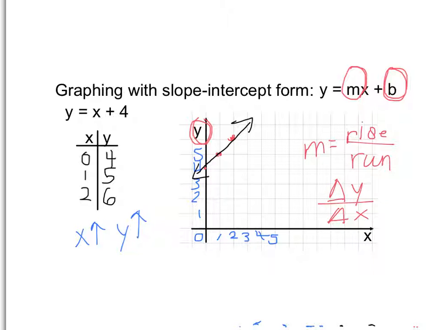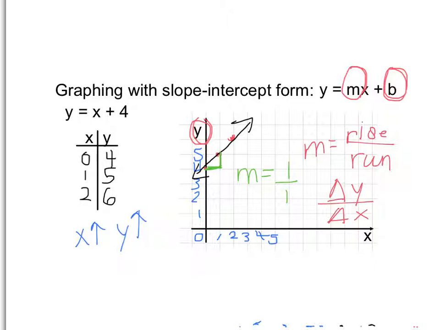So if I'm trying to identify my slope here, all I have to do is note that when I go up, I'm going up 1, and I'm going to the side 1, so my slope here is 1 over 1. M equals 1 over 1.